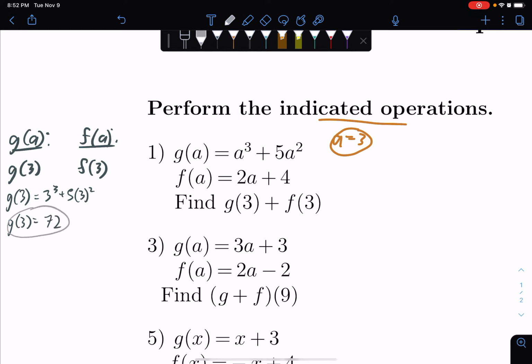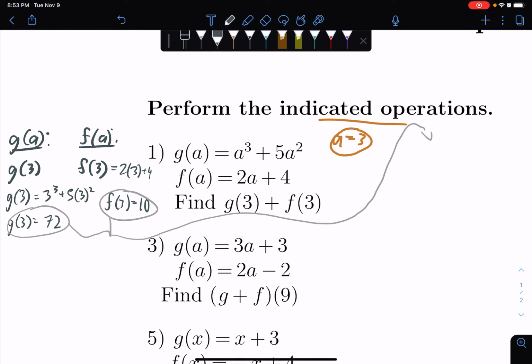Alright, let's solve for f sub 3. F sub 3 is equivalent to 2 times 3 plus 4, which is basically 10. So f sub 3 is equal to 10. 6 plus 4 is 10. It's not our final answer yet, so we won't box it. My mistake.